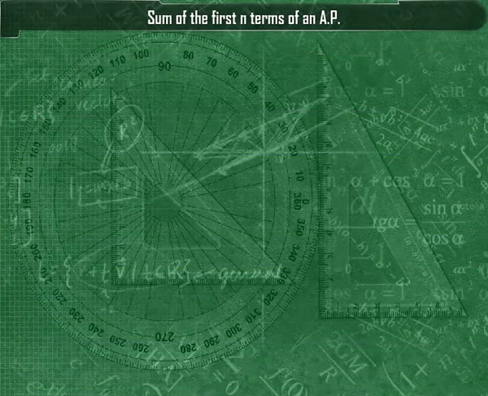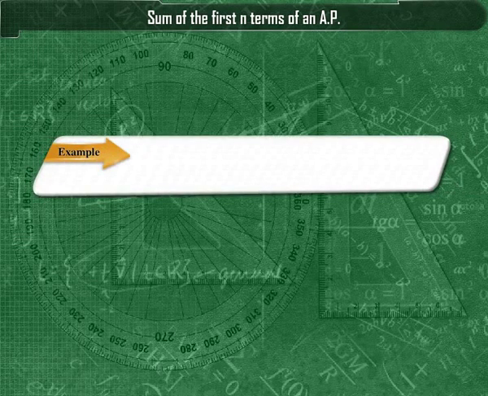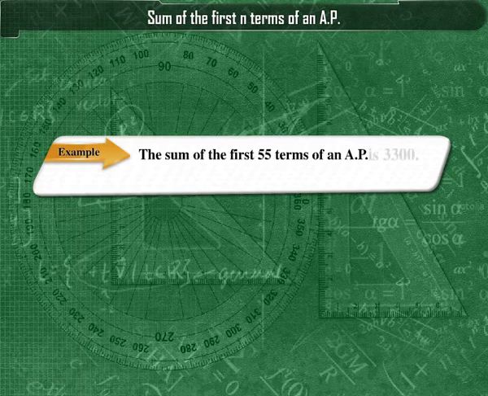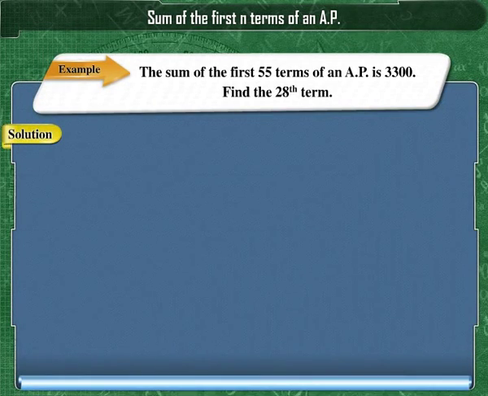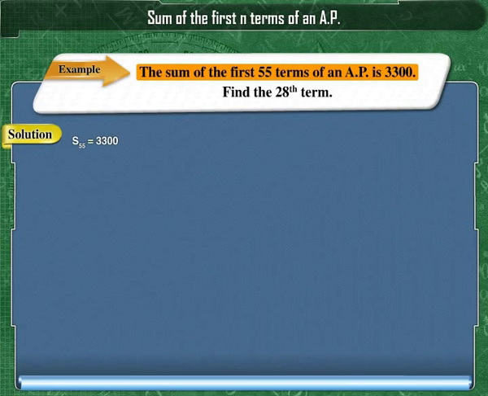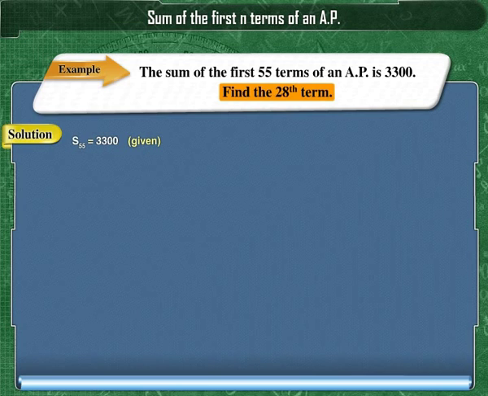Let us solve one more problem. The sum of the first 55 terms of an AP is 3,300. Find the 28th term. It is given that S55 is 3,300. We have to find T28.